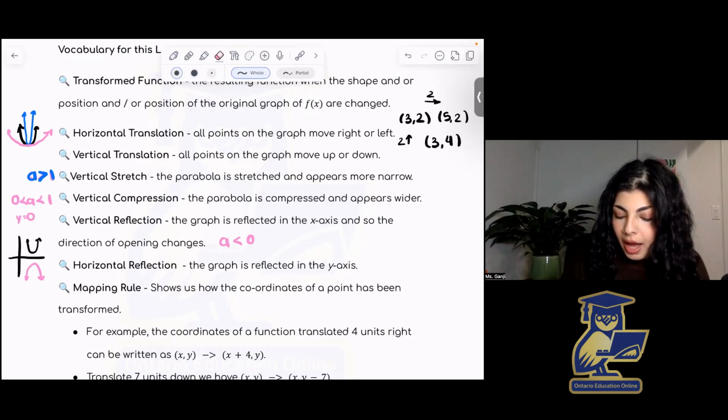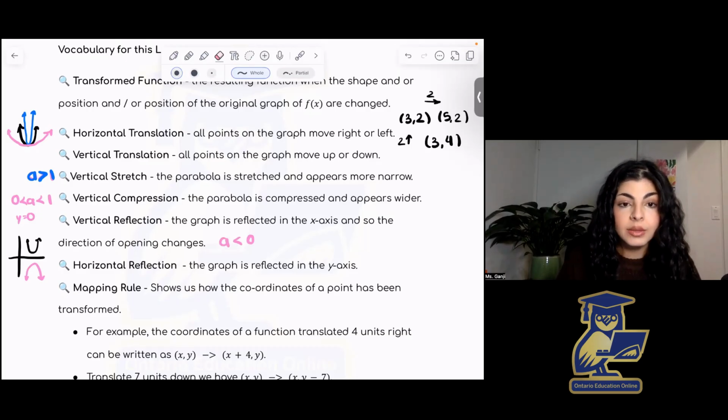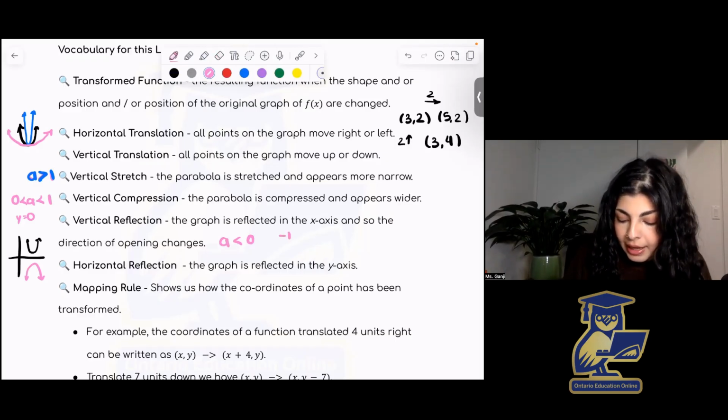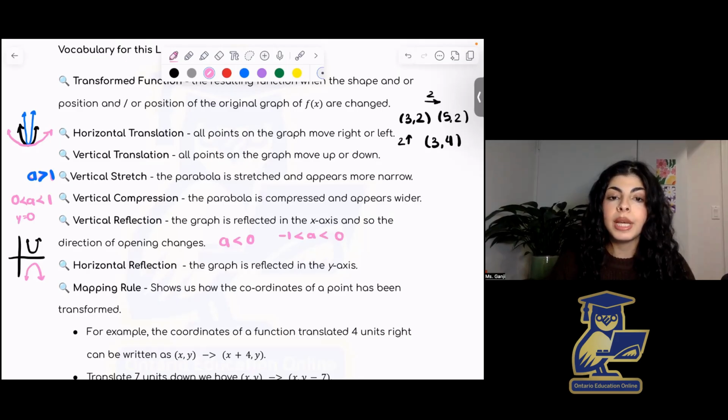Consider the cases when a is less than 0. If a is between 0 and -1, then we have a compression here and a reflection.